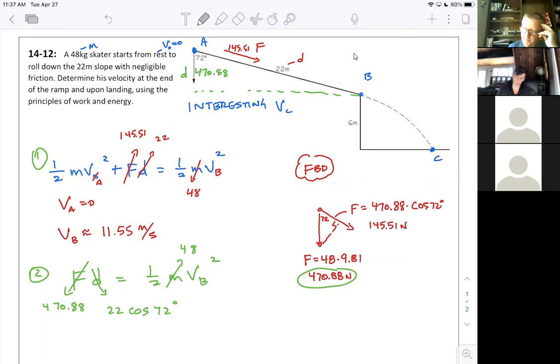Do you notice that ends up the same thing we just did a while ago though? Over here, we took 470 and we modified it by the cosine of 72 to change the force. Well, over here, we're just taking 22 and modifying it with the cosine of 72. It's the same exact math. We're going to end up with the same exact number.